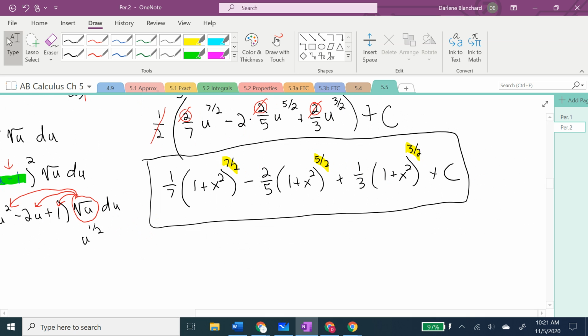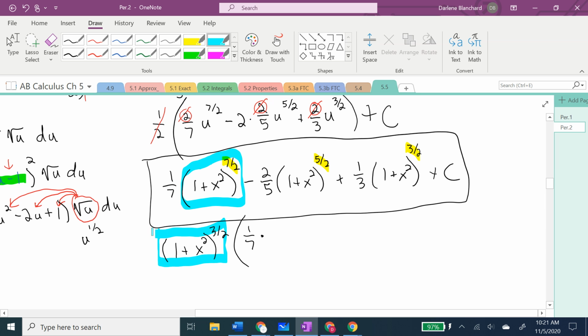That means I'm going to factor out of that a 1 plus x squared to the 3/2 power. When I'm factoring, I'm dividing. When I divide all of this by this, what do I do to the exponents? I subtract them.